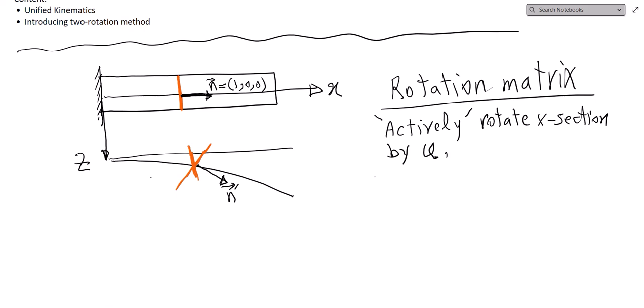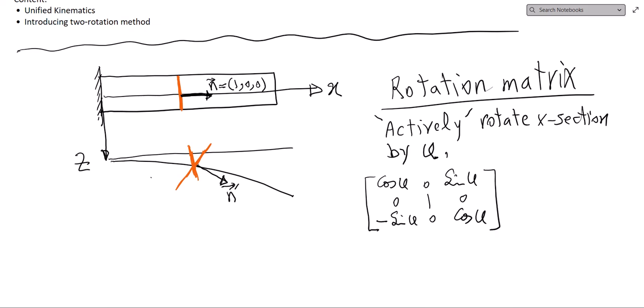Therefore, my rotation matrix becomes: cosine phi, 0, sine phi; 0, 1, 0; minus sine phi, 0, cosine phi. So this is my active rotation matrix.